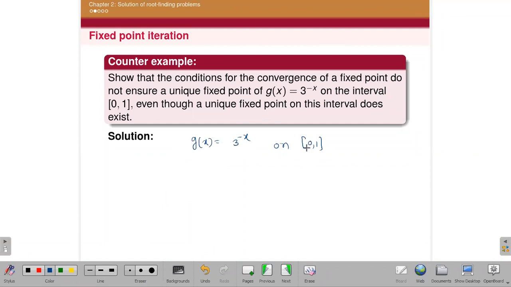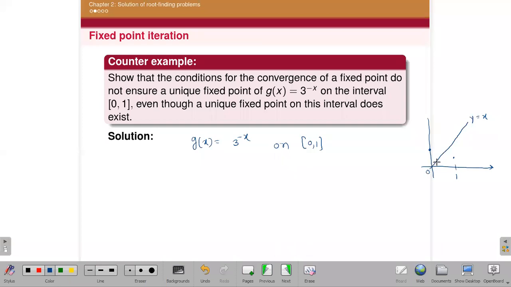Can you show that it has a fixed point in this interval? We can show it graphically. Graphically, the fixed point is where the graph cuts the line y equals x. For 3 raised to power minus x, if I take 0, it is 1. If I take 1, it will be 1 by 3.